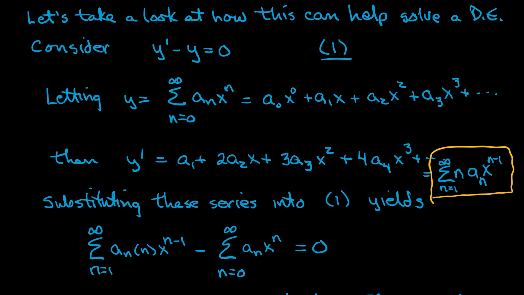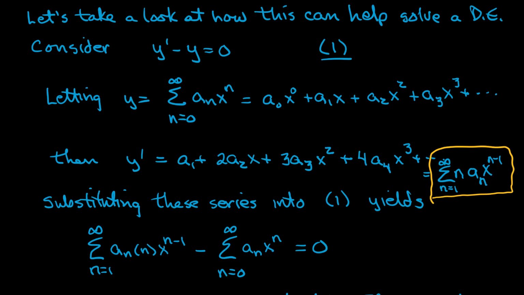But the point is we can start our index at a variety of values and wind up with the same series. Here we could have started this at n equals 0, but as we've just discussed, the first term would be 0, which is of no real concern. So we can write this as starting at n equals 1.